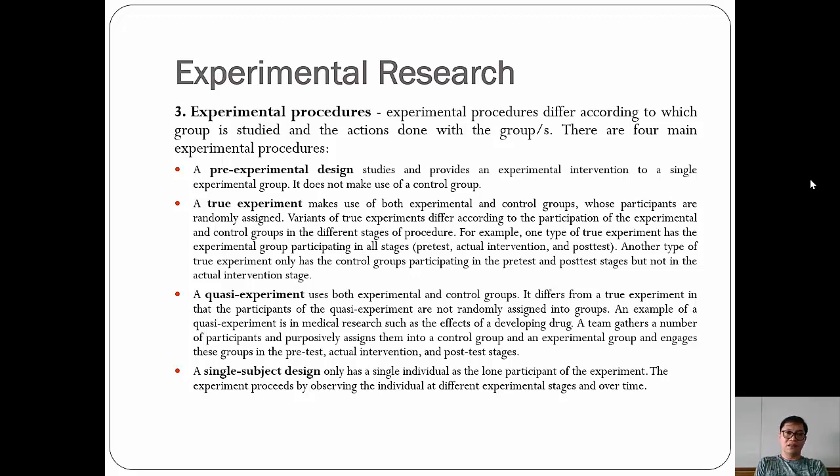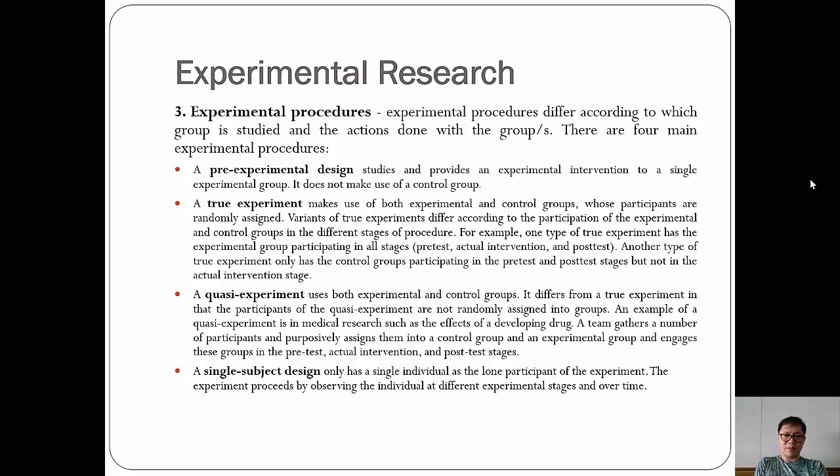Single lang. True experiment makes use of both experimental and control groups whose participants are randomly assigned. Variants of true experiments differ according to the participation of the experimental and control groups in different stages of the procedures. For example, one type of true experiment has the experimental group participating in all stages: pre-test, actual intervention, and post-test.